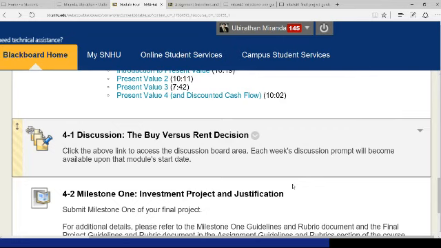Okay, is it better to save that money or invest that money now and have a better return later, or is the property that you're going to buy going to be worth more in the future? Is this a worthwhile investment? This is the point of the discussion.